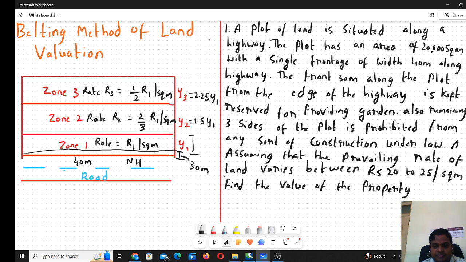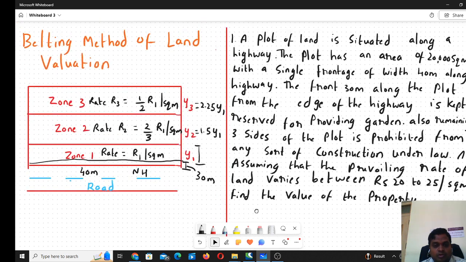Also, the remaining 3 sides of the plot are prohibited from any sort of construction under law. So there is no construction which has to be allowed on the other sides. Next, assuming that the prevailing rate of land varies between 20 to 25 per square meter, find the value of the property. This is the question which is asked.